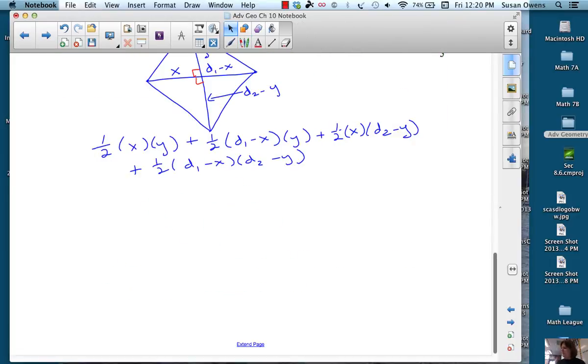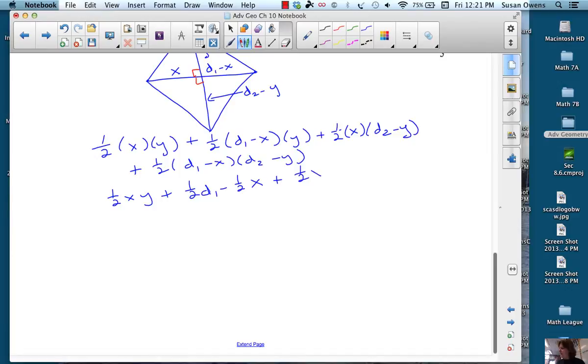So let's do what we did before. Let's simplify as much as we can. So we get 1/2 x and y. And eventually we need the x and y to disappear. So we've got 1/2 d1 minus 1/2 x, and then we also have plus 1/2 x d2. Oh, oops, these should also have a y in them.